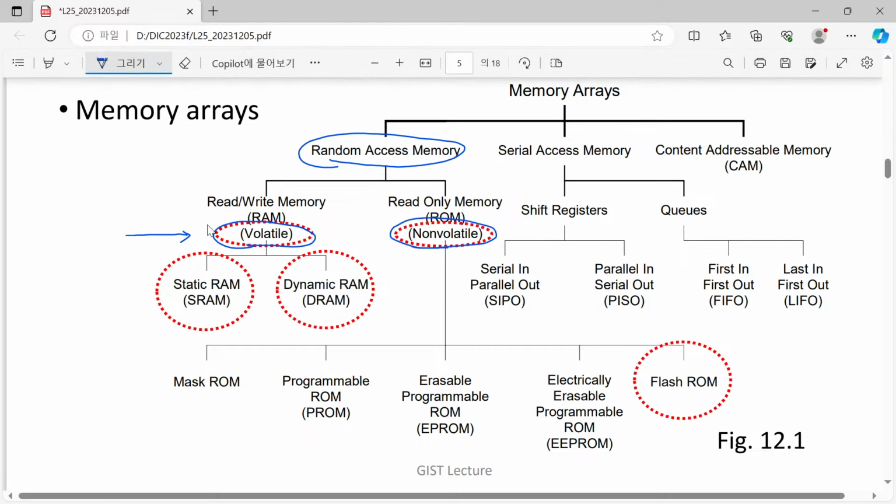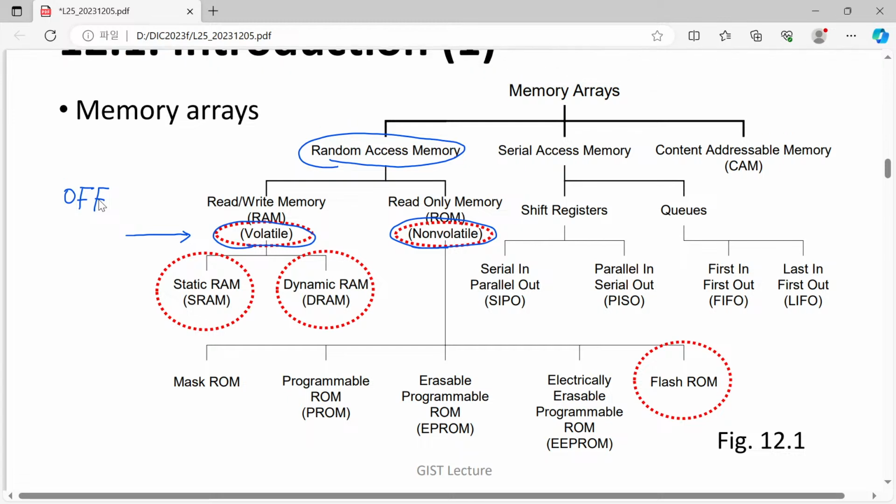Volatile means that if we turn off our system, then the memory is lost. And non-volatile simply means that even when we do not provide any electrical power, we can still keep the memory and later use it.